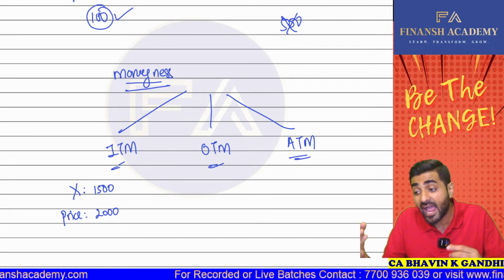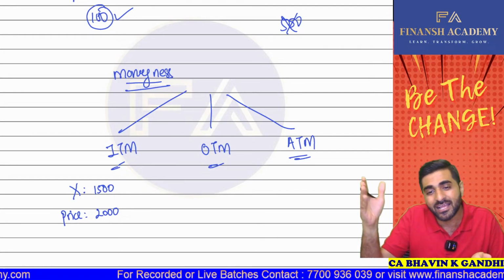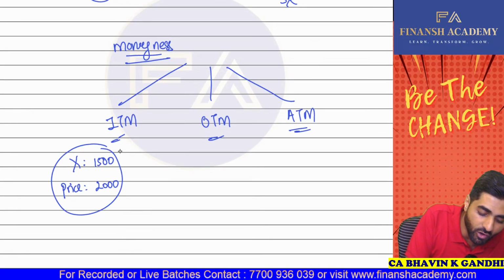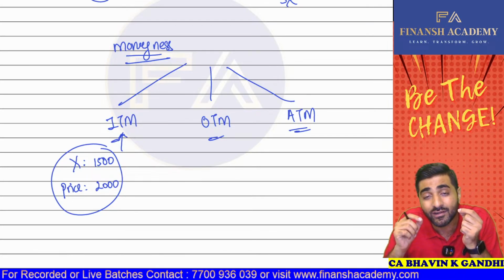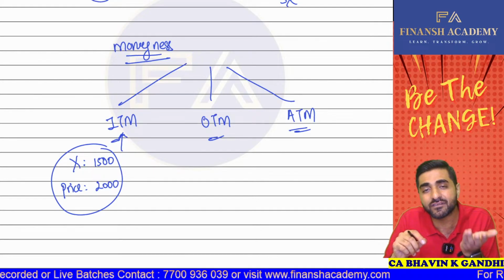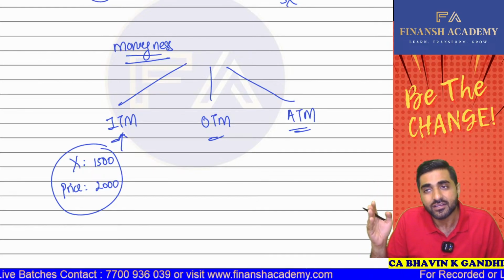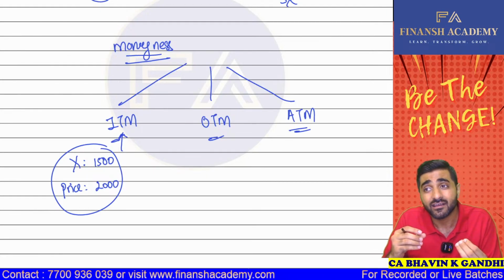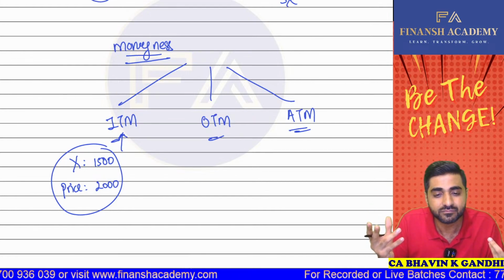I have a right to buy at 1500, and when the price becomes 2000 on expiry, this contract will be called in the money. Why? Because I already have a right to buy it at 1500 rupees, and the market price is 2000 rupees. So this particular contract is going to be in favor of the option buyer.